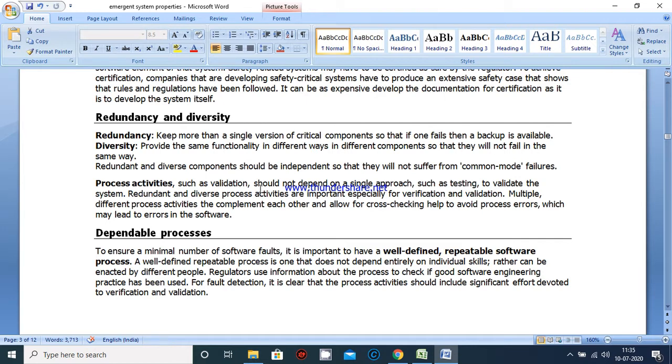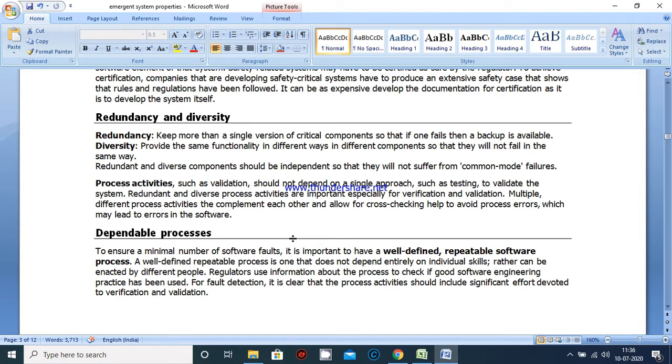It should be versatile for handling the security measures from all angles of the software. Multiple different process activities that complement each other and allow for cross-checking help to avoid process errors, which may lead to errors in the software.